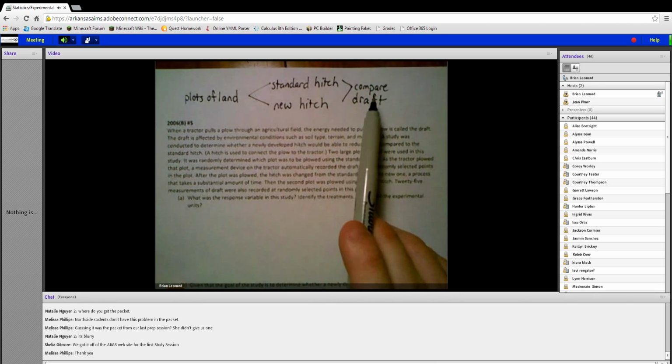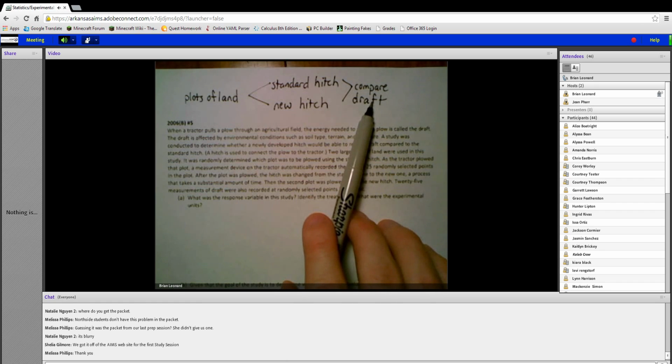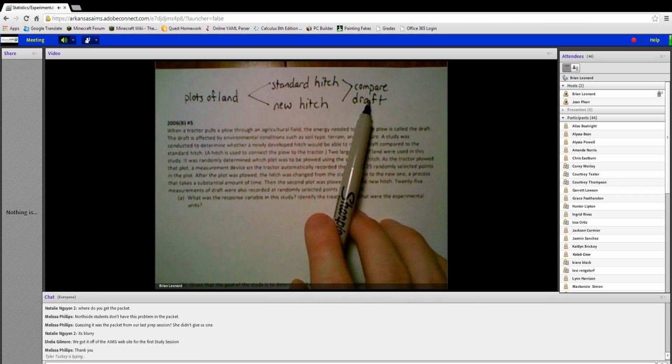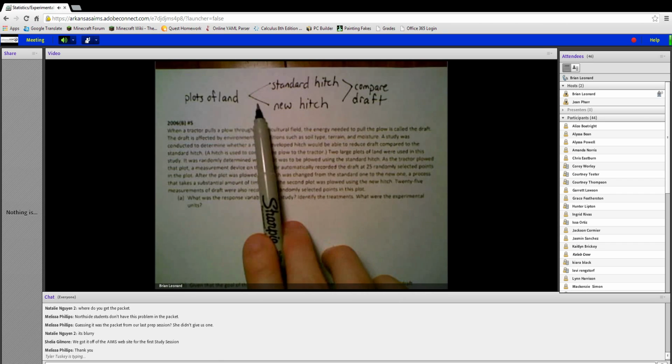Now, again, the draft is the response variable here because in the end of the experiment, what are they trying to measure to see if my treatment's working? Well, they're measuring the draft, okay? So the question is, did they randomly assign the plots of land?